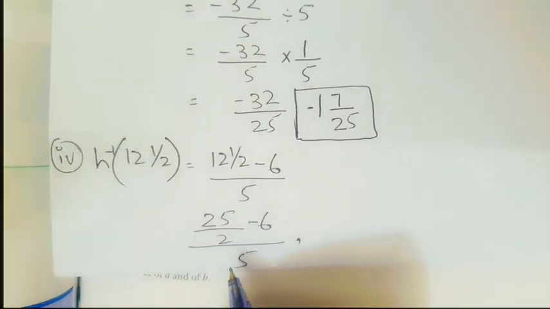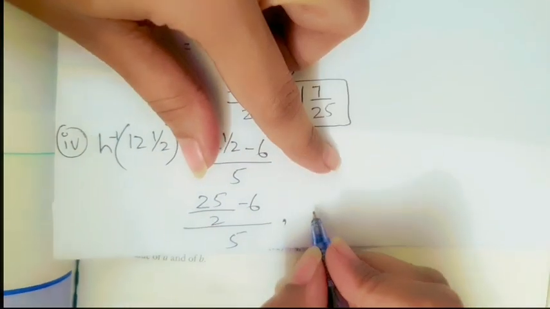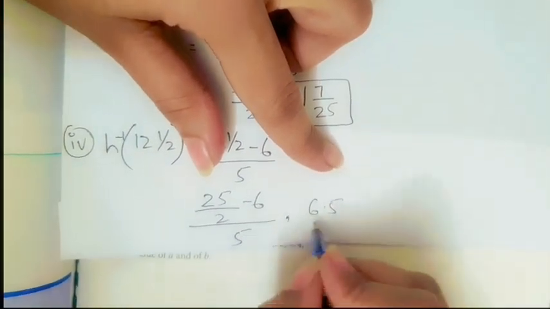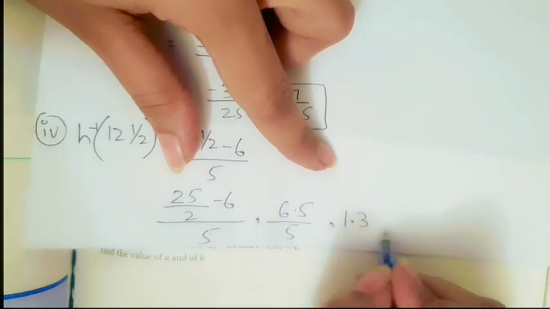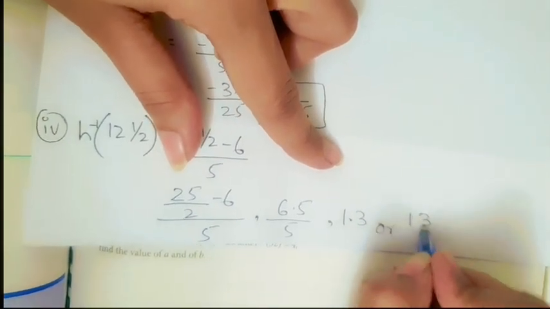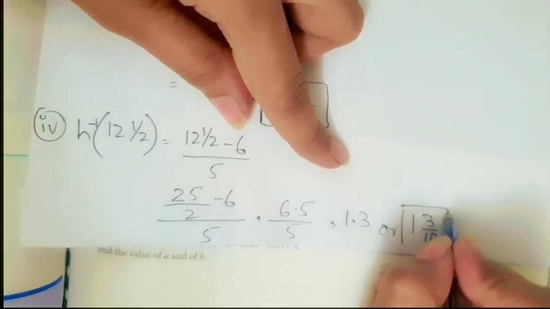Okay, so 25 upon 2, or 12 and a half, minus 6 would be equal to 6.5 divided by 5, so it would be 1.3, or we can write 1 whole 3 upon 10. So this is the answer of part 4.